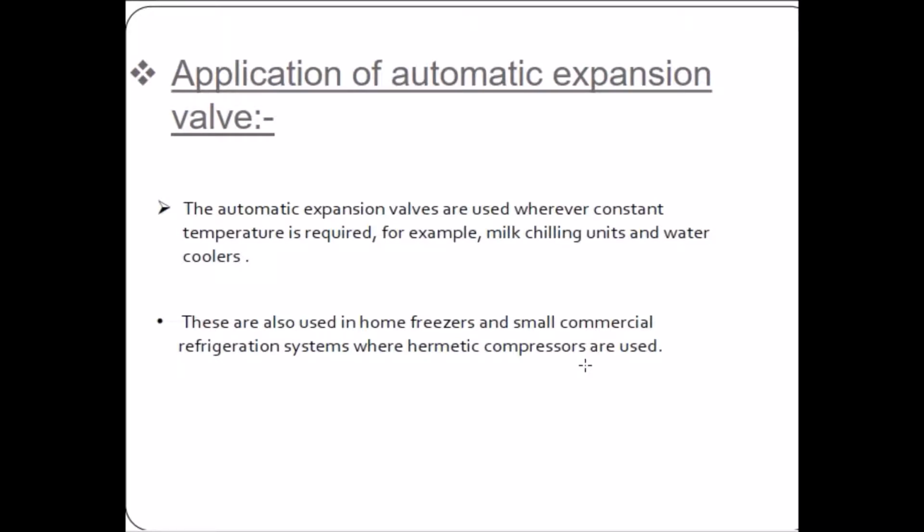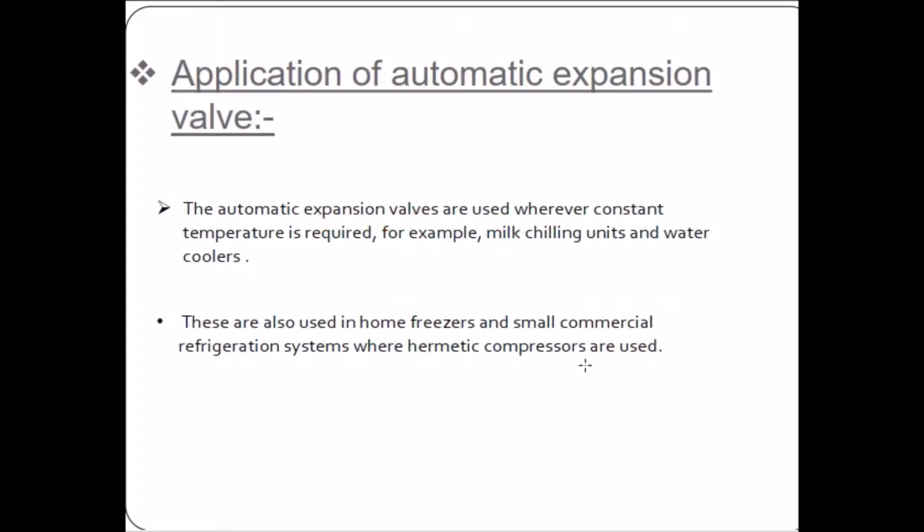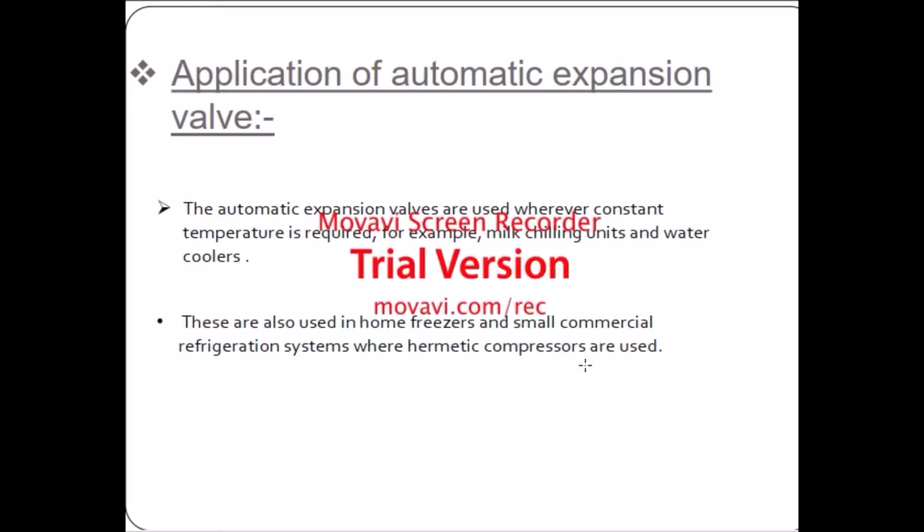Okay, we go to the application of the automatic expansion valve. Automatic expansion valves are used wherever constant temperature is required, for example, milk chilling units and water coolers, because we control the temperature by controlling the pressure. The pressure relates to the temperature, correct? If the pressure is lower, it will reduce the temperature.